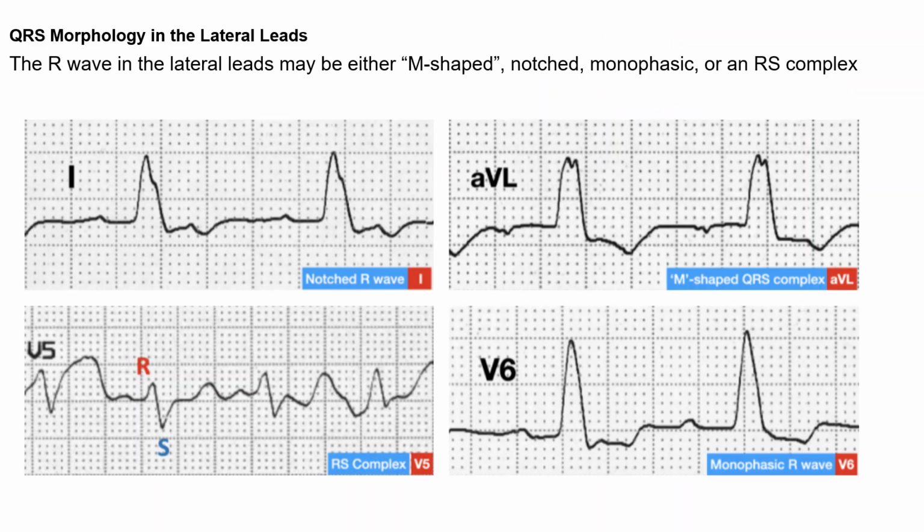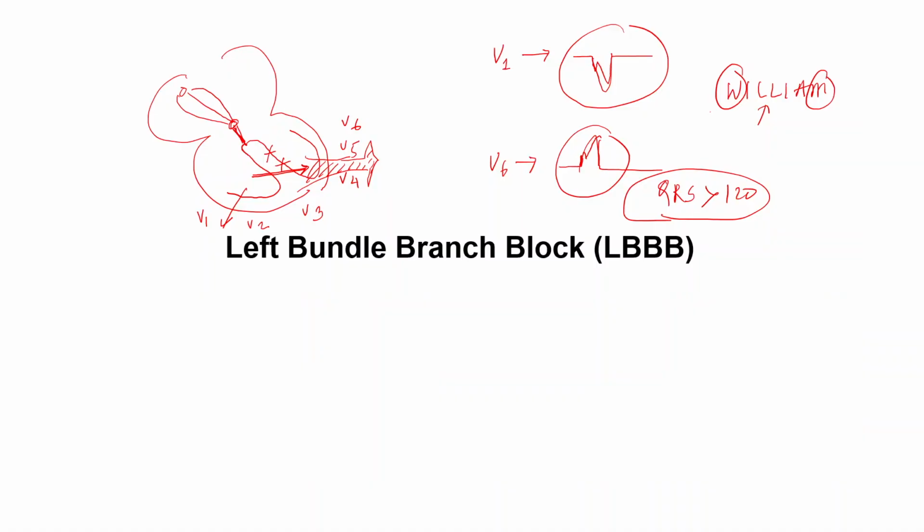I have already told you that in the lateral leads V5, V6, you will get an M pattern or a predominant positive pattern. And one more point is that there are no Q waves in the lateral leads. In V6, you are not getting a Q wave because the Q wave was due to septal depolarization, which happens from left to right in a normally functioning heart.